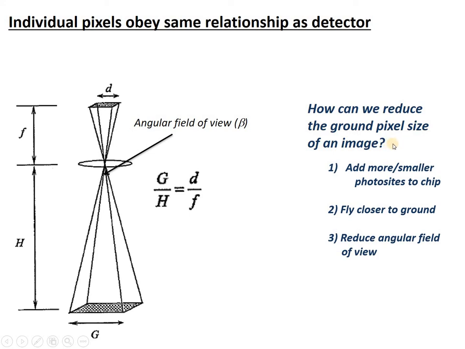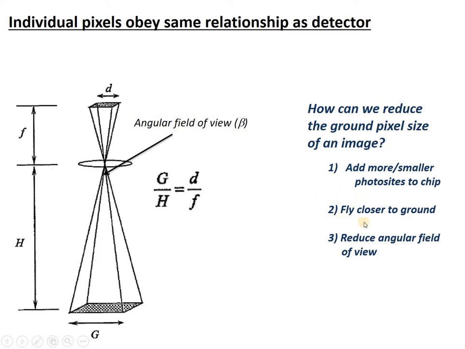How might you accomplish that? Well, one thing you can do is you can pack in more smaller photosites onto the chip, right? So now we're talking electrical engineering. We need an electrical engineer to design a better chip that has more or smaller photosites. Okay, but that may come at a cost. Each of those photosites may be able to collect less energy because they're smaller, right?